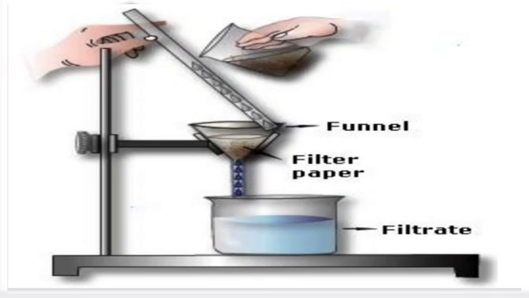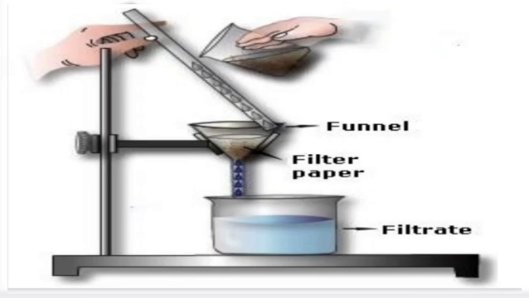This picture shows the filtration process. First of all, we fit the filter paper cone at the mouth of the funnel, and after that pour the impure water into the funnel with the help of a glass rod. This is a glass rod, with which we pour the impure water.